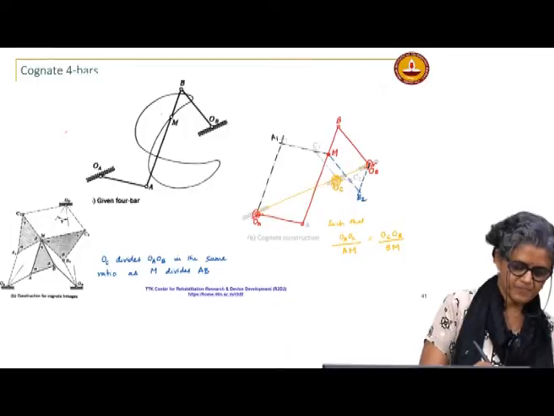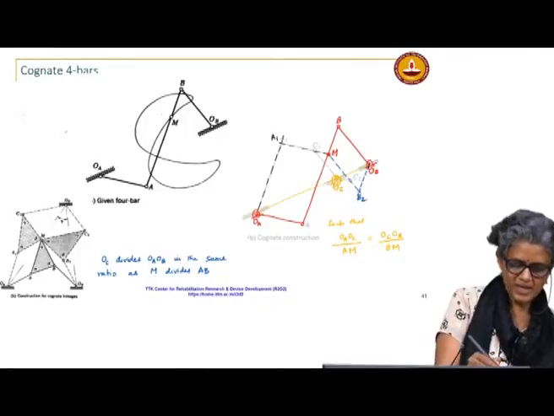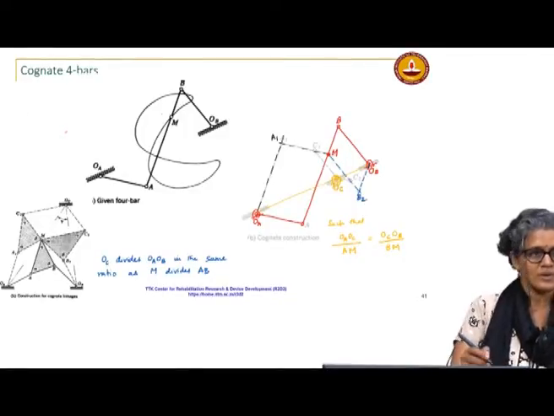Do you see this? These two triangles A1C1M is similar to AMB.